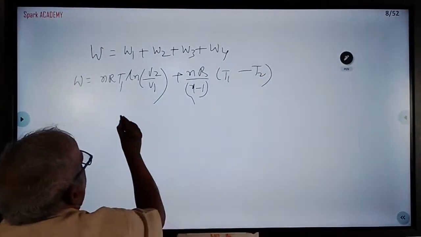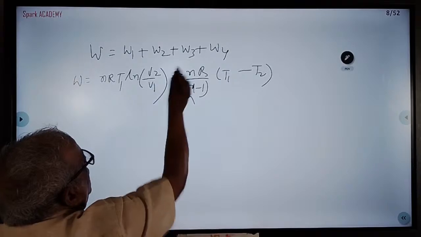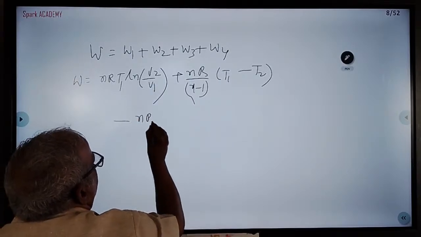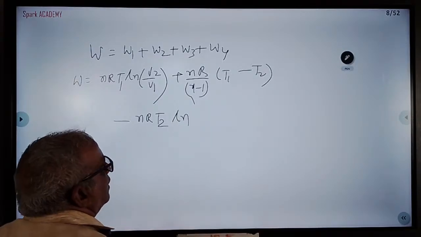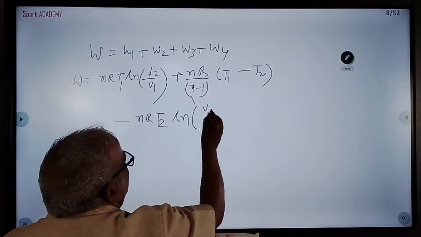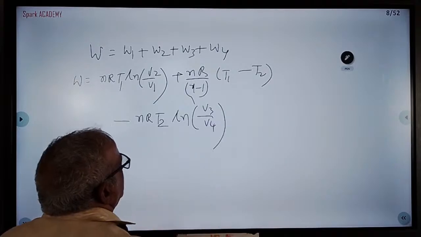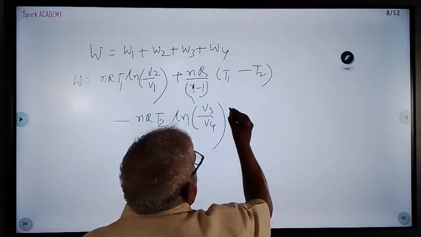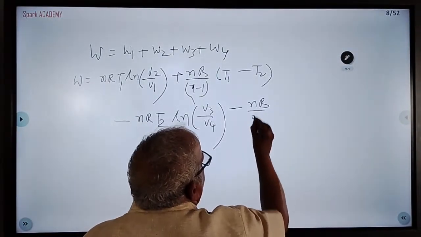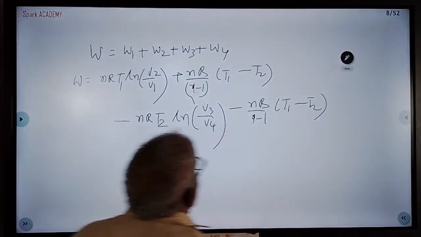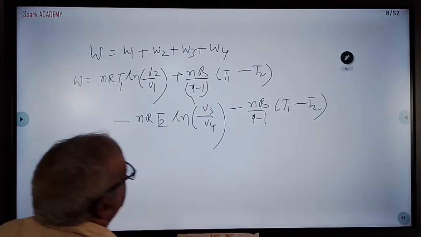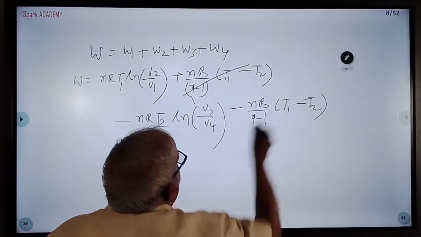W3, minus work, will get minus nRT2 ln V3 by V4. Last step, minus nR by gamma minus 1 into T1 minus T2. You are getting total work done, but this one gets cancelled.